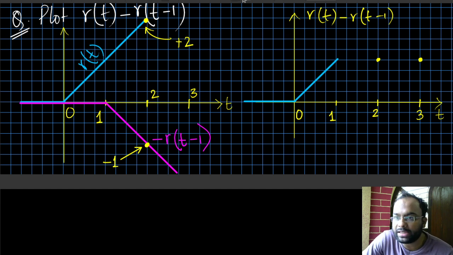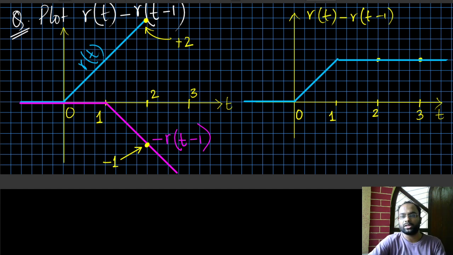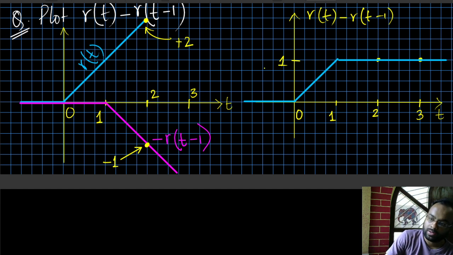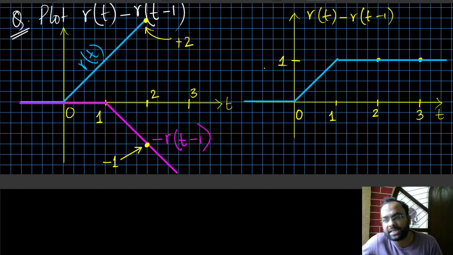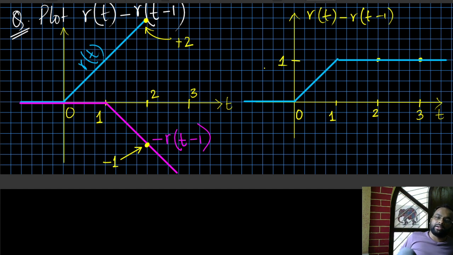I believe you can understand the sum of these two signals will simply look like this, right? So this is the sum of these two signals. Do let me know if you understand this, or if you are finding it difficult to understand.